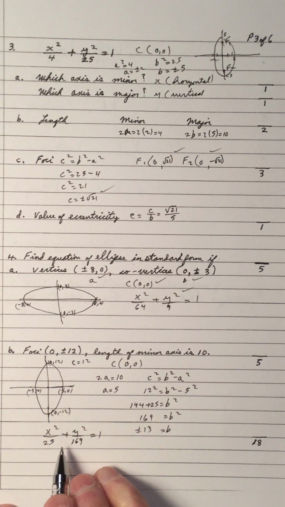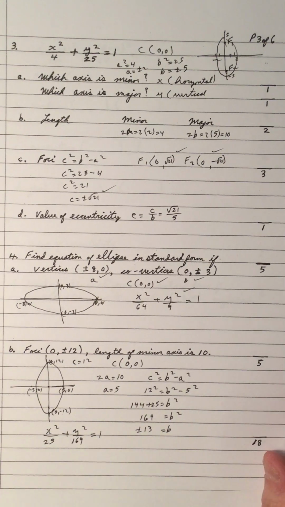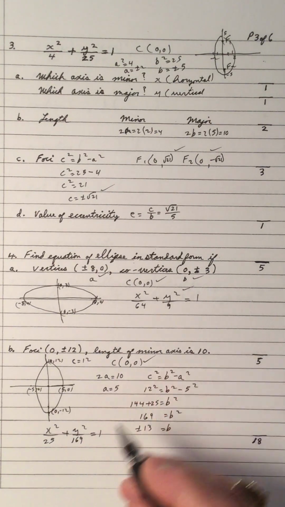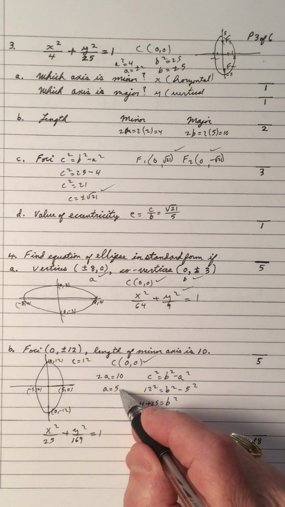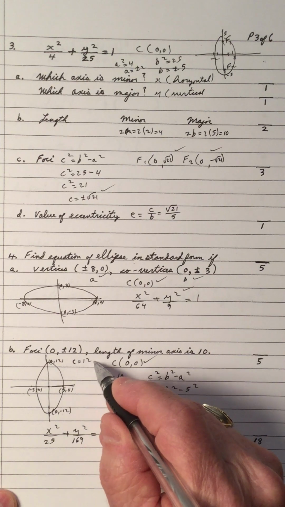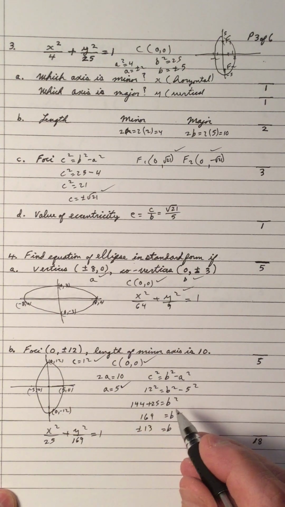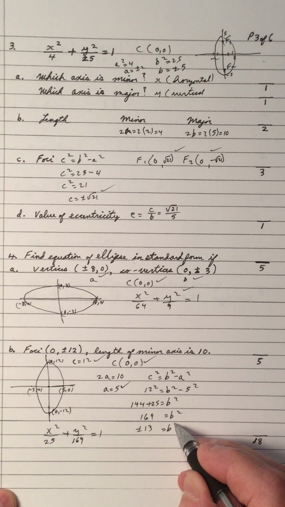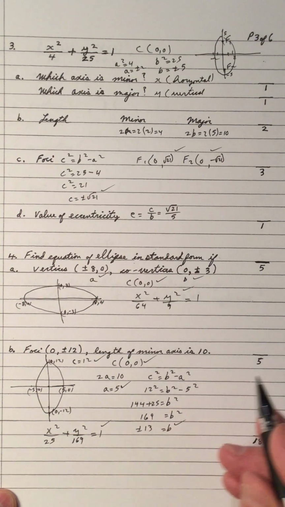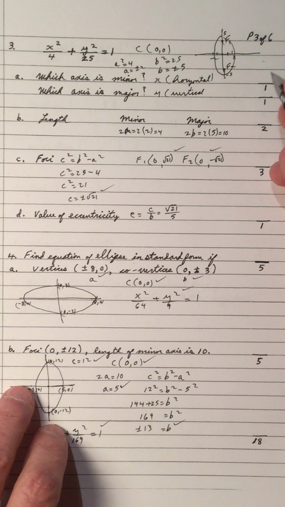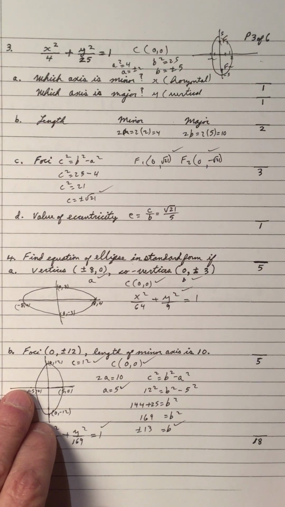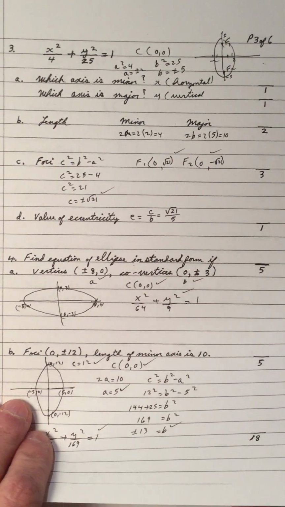That's 5 marks. So if you got the center is (0, 0), c is 12, a is 5, b is 13, and you have the equation, 5 marks in total. Total page, and you get the score out of 18.